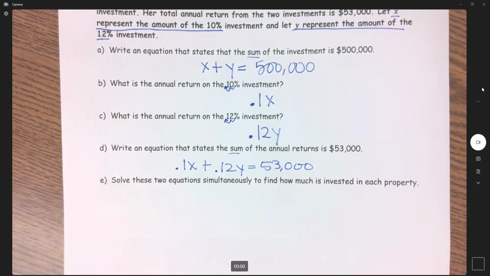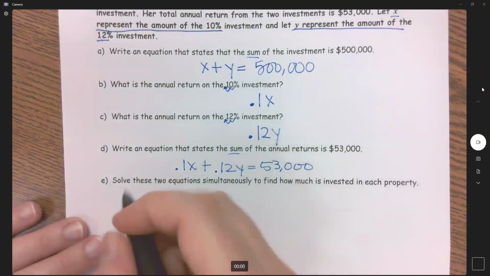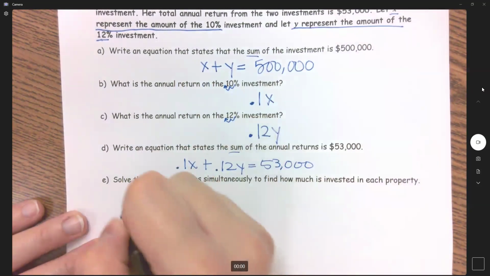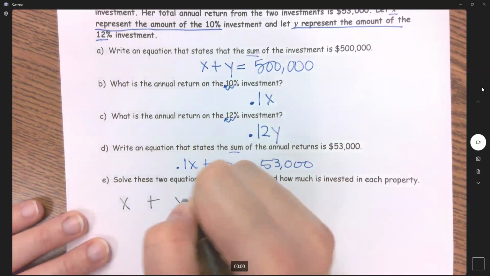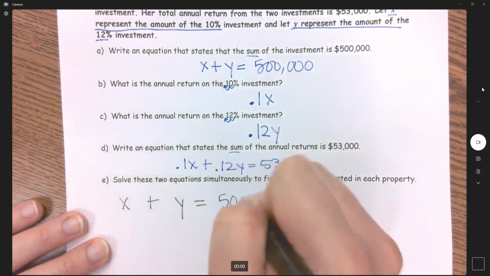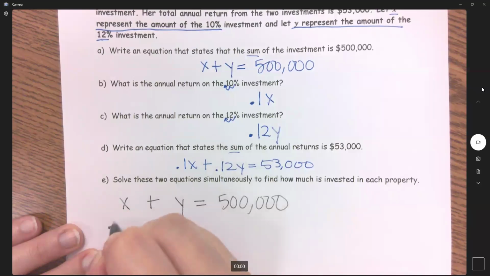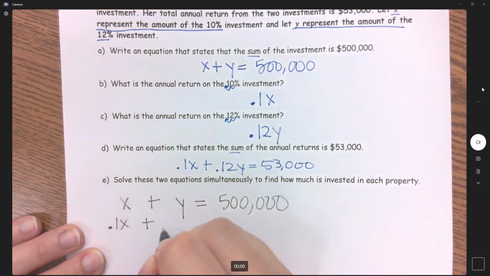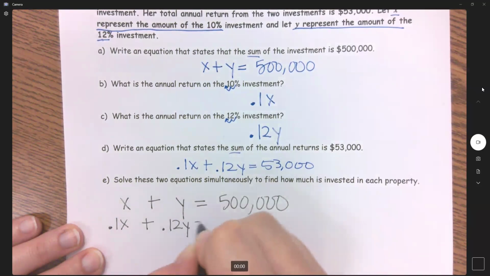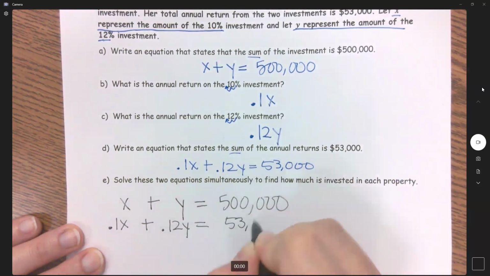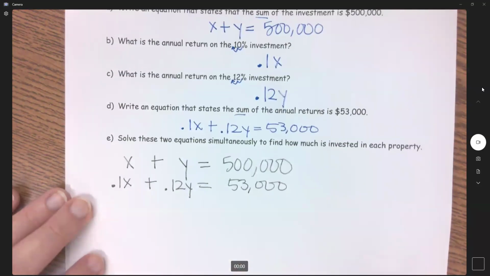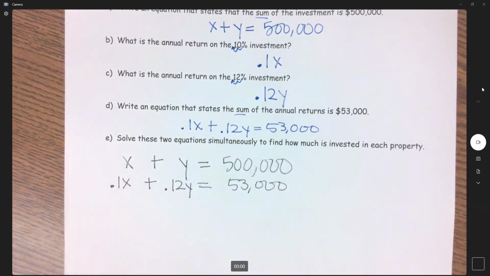So solve these 2 equations. So I have x plus y equals 500,000 and 0.1x plus 0.12y equals 53,000. So now let's solve.